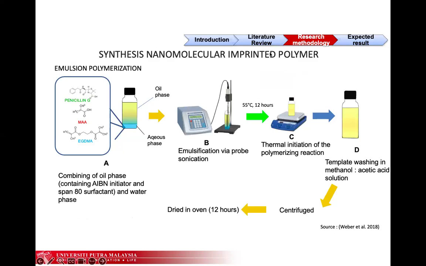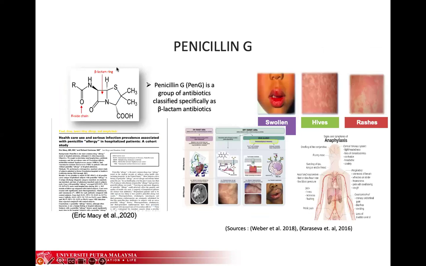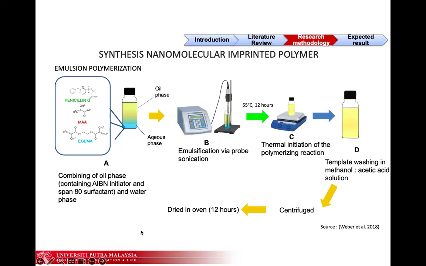Okay, so we start with, of course, as I have discussed before, it is very important to decide on the monomer. Okay, so in this case, the template is penicillin G. Okay, this is penicillin G, and we have to decide the best monomer to fabricate the polymer, yeah, the imprinted polymer.